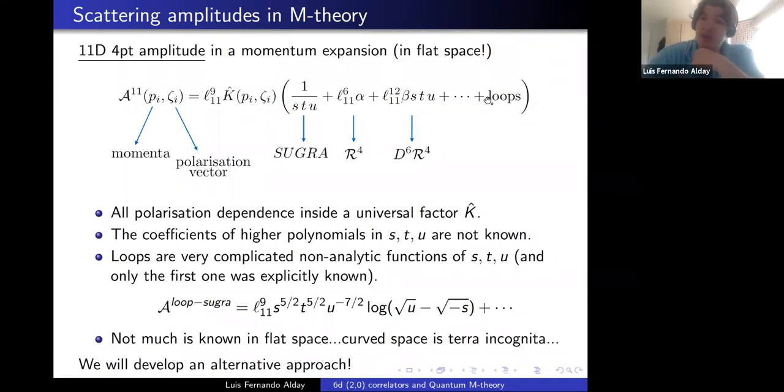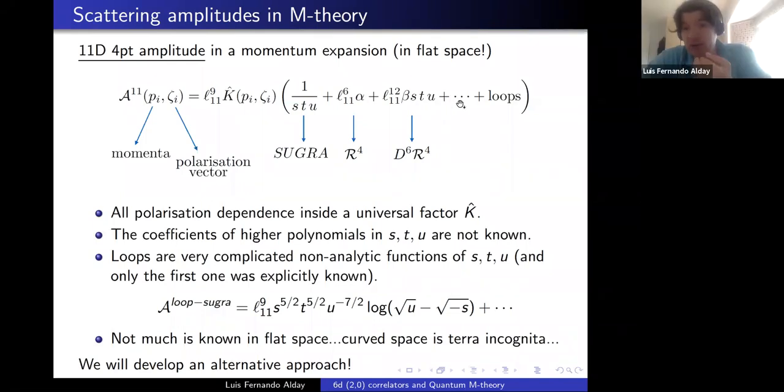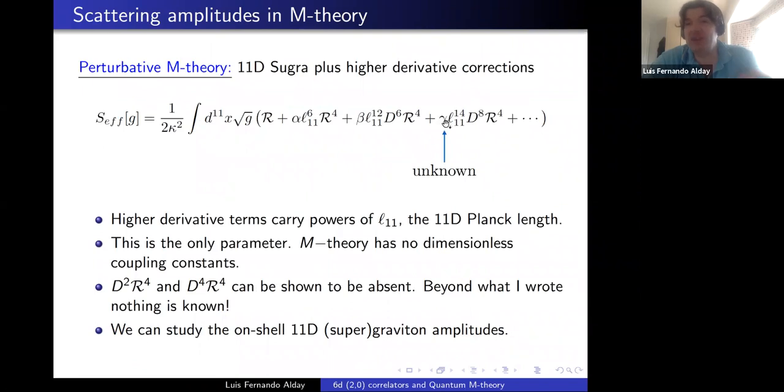And about these dots, I would like to say two things. First, the coefficients of higher polynomials in S, T and U are not known. This is the same ignorance as here for the term D8 R to the 4.